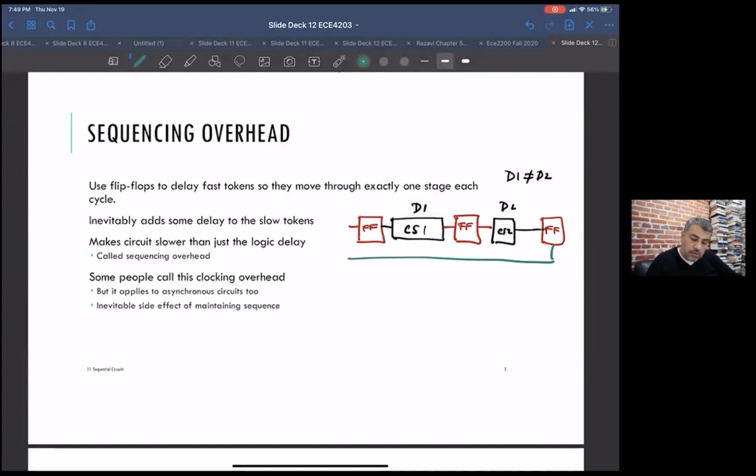So one thing that these sequential stages are doing, I'll just draw the clock going to these guys, is they are forcing this clock delay. They're forcing a maximum delay, a set delay in each one of these combinational circuits. If you had a combinational circuit that was very fast, it would have to sit there and wait for the slowest combinational circuit.